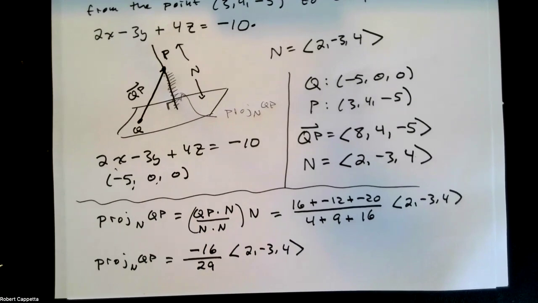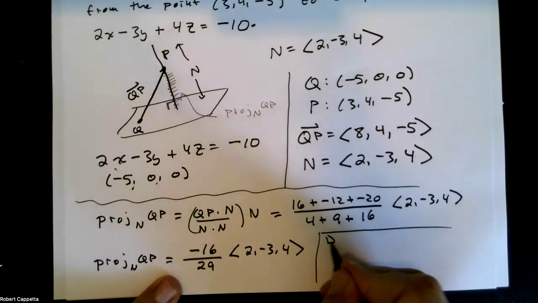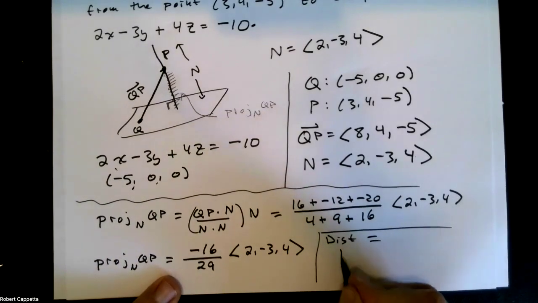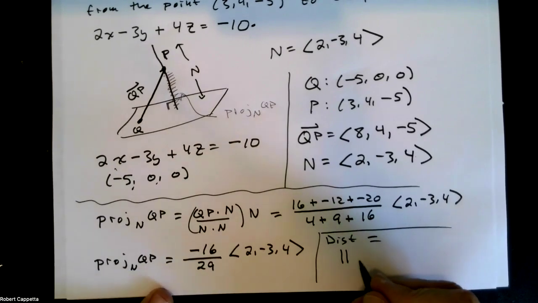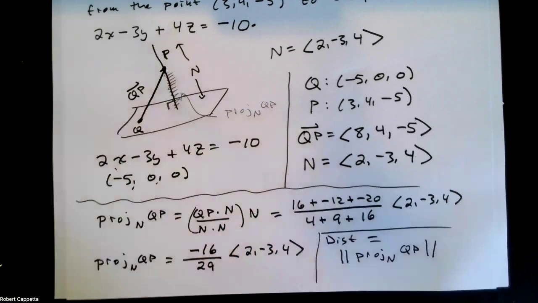So that is the projection of QP onto n, but the distance, looking at that picture, the distance from the point P to the plane is going to be the magnitude of the projection of QP onto n. That's what we need to find.